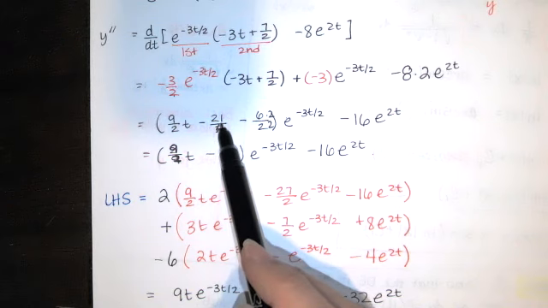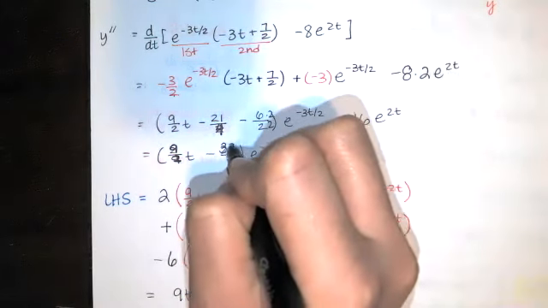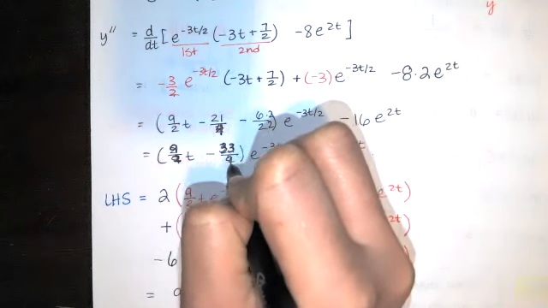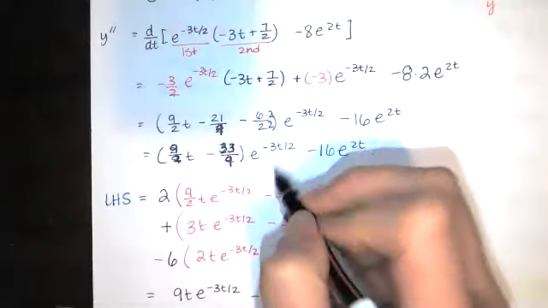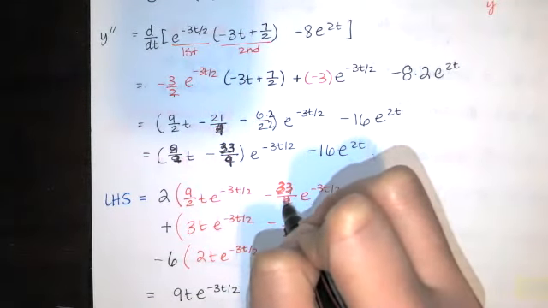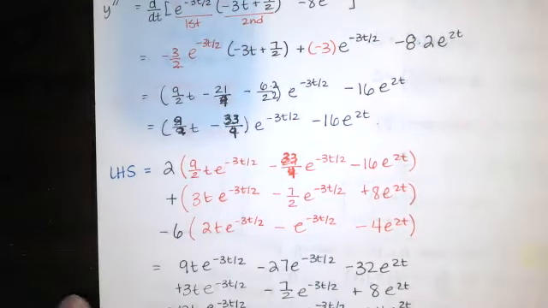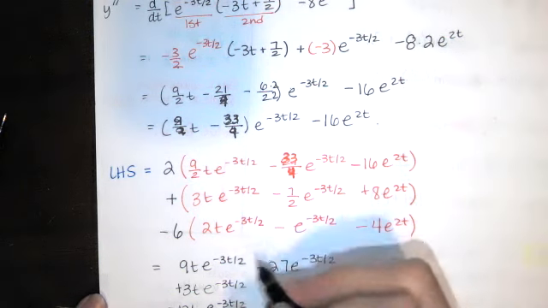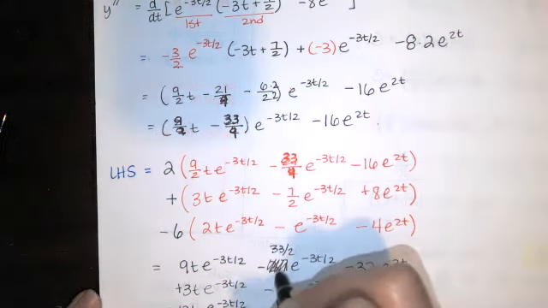So negative 21 minus 12 is minus 33, and that should be over 4. Sorry about that. This should be 33 over 4. Which means that when I multiply that by 2, I should not have this 27 here. I should have a negative 33 over 2 there. Okay.